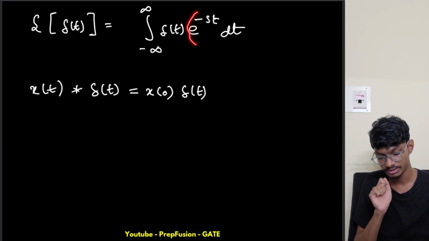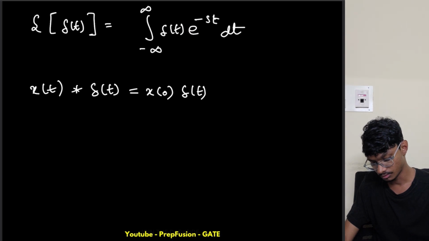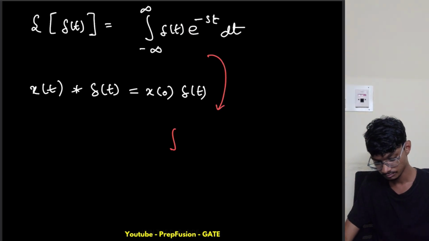So here, what is our x of t? It is e raised to power minus st. What we will do is replace this: delta of t times e raised to power minus 0, dt.